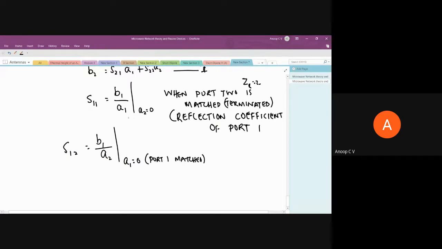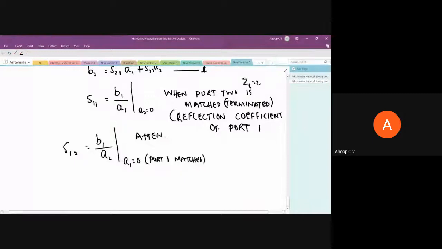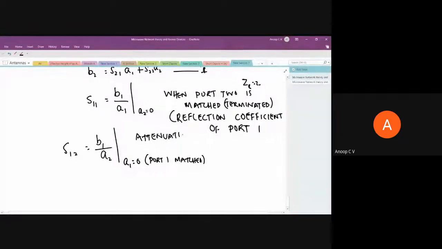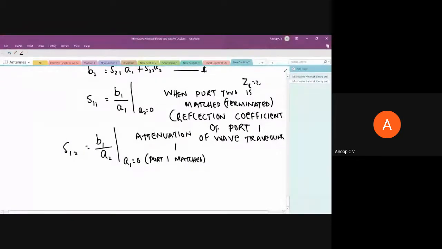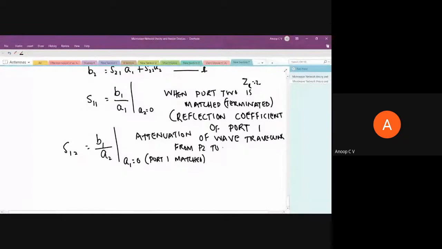So what will that be? It is attenuation. I can write it as attenuation of wave traveling from port 2 to port 1.